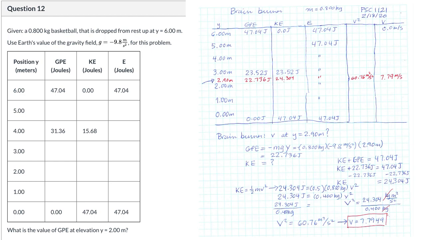You could write a V squared over here and then a V column if you have room. And we know what this one is, 0.0 meters per second, because it's at rest. That's easy. Potential energy is max, kinetic energy is min, 0.0 joules.